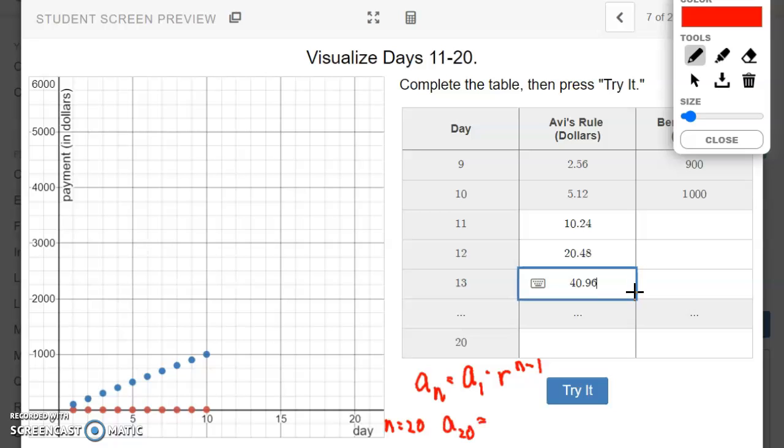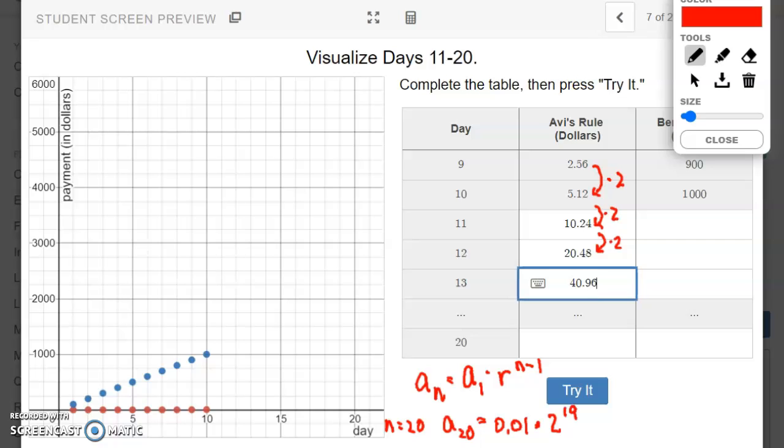What was the first day's pay? A sub 1 is the first term, and that was 0.01. It was 1 cent. And then multiplied by, what are we multiplying by each time? We're multiplying by 2. That means the common ratio is 2. And n is 20, so it's going to be 20 minus 1, that's going to be 19.